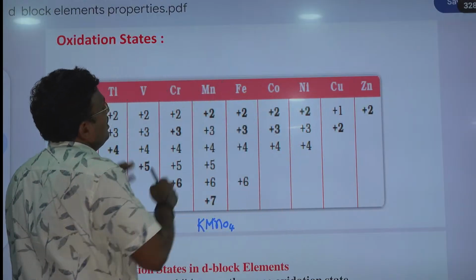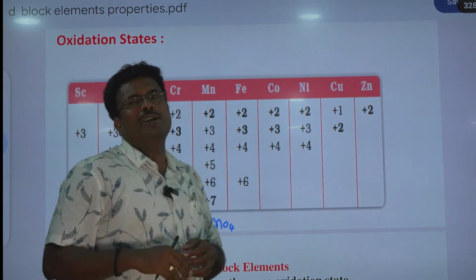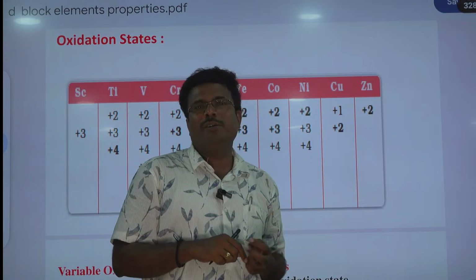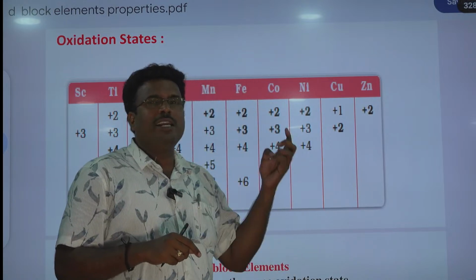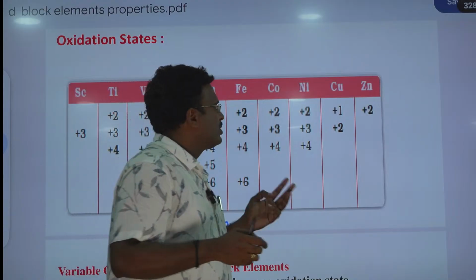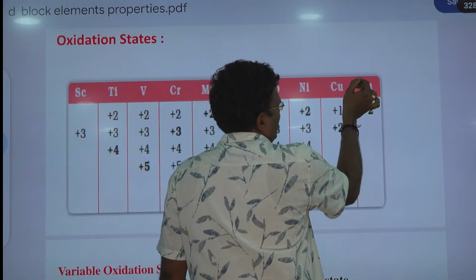This is also called the transition elements. All the transition elements are also called D block elements, but not all D block elements are transition elements. So especially we are talking about that here.